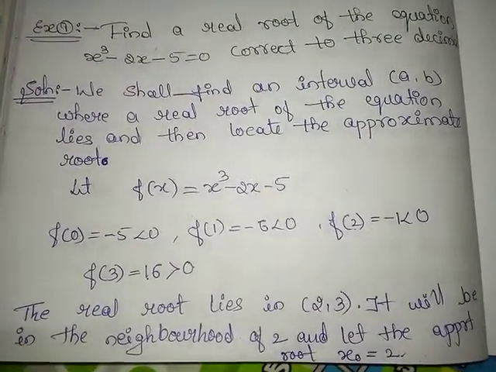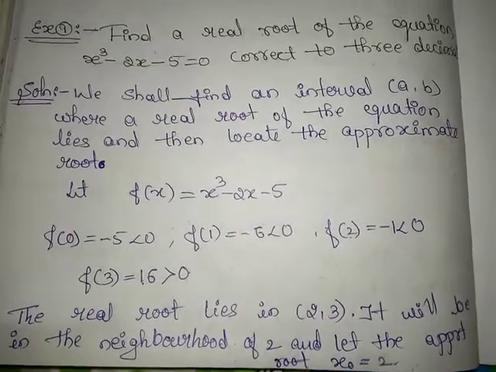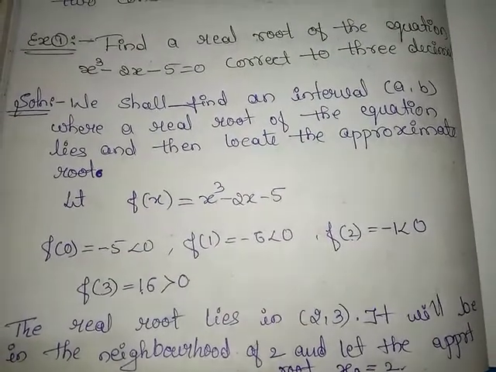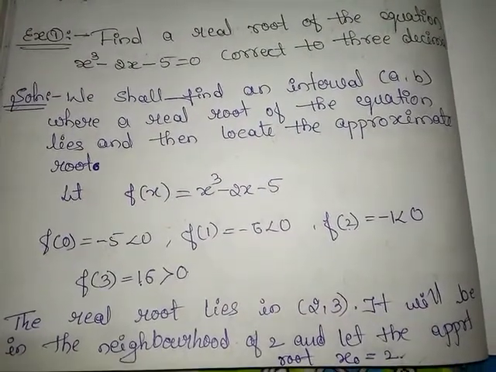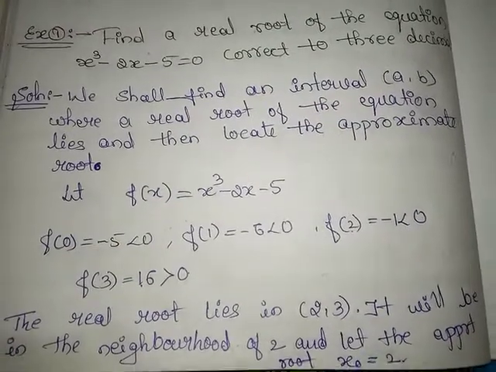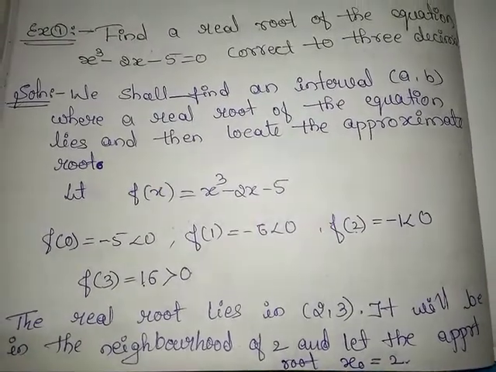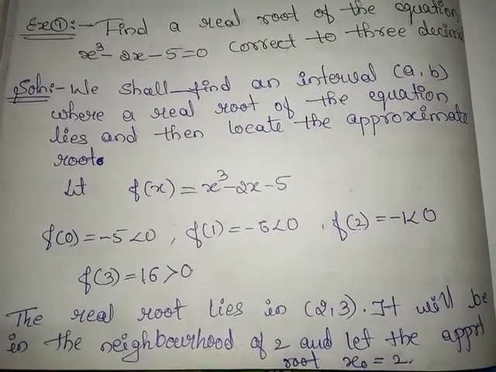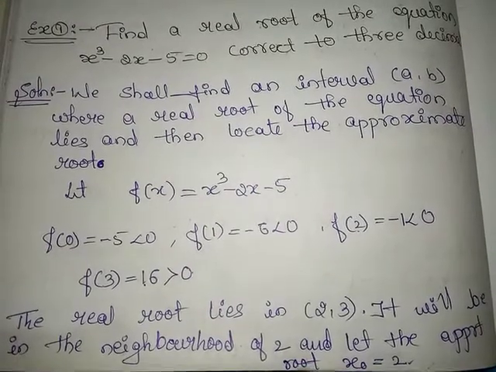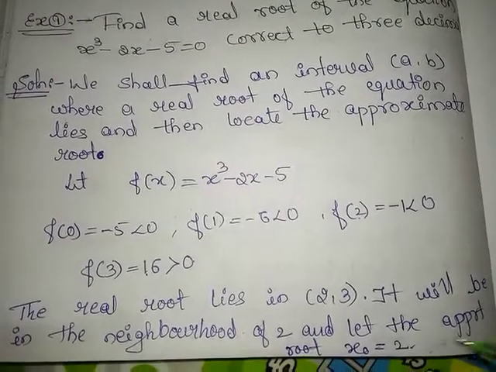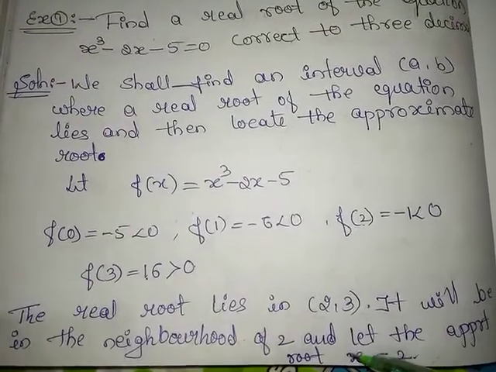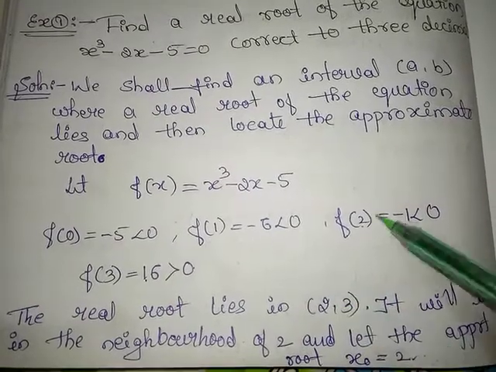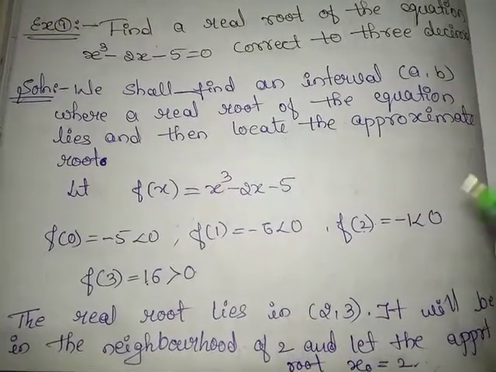Here just we see which is the value of a and which is the value of b, and then see whether f of a gives a value which is near to 0 or f of b gives a value which is near to 0. Here f of 2 is equal to -1, which is near to 0, so the real root will be in the neighborhood of 2, and our initial root x0 will be considered as 2, because f of 2 is equal to -1, which is near to 0.